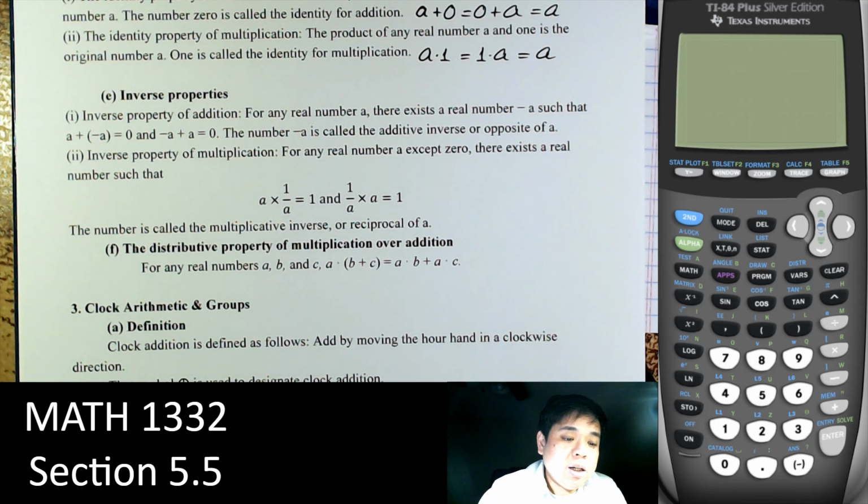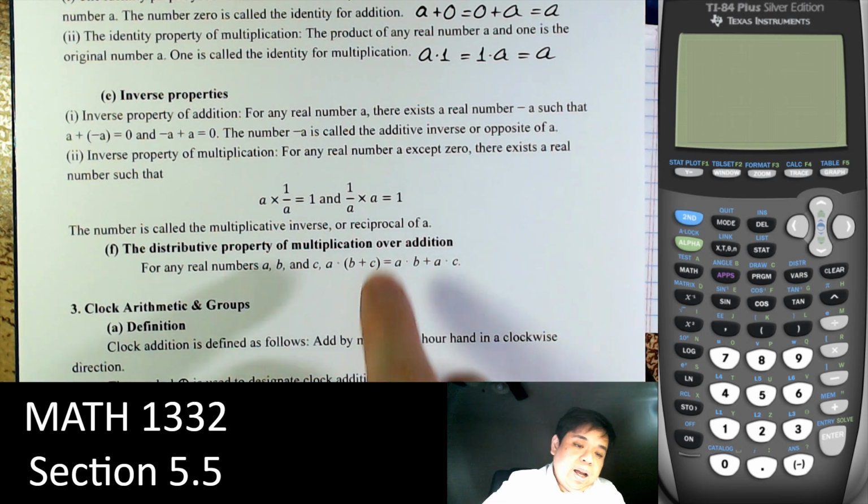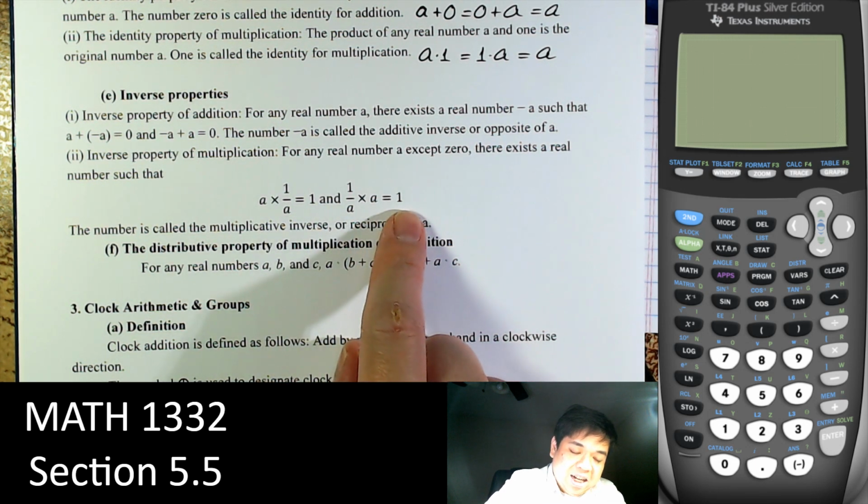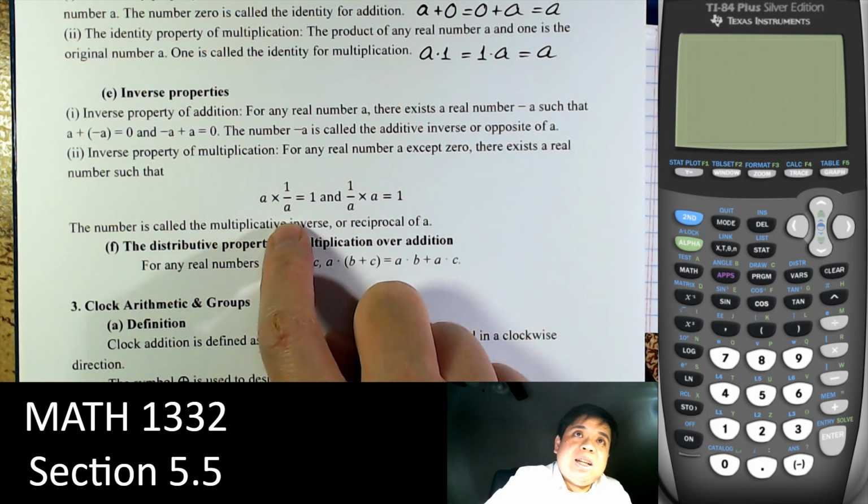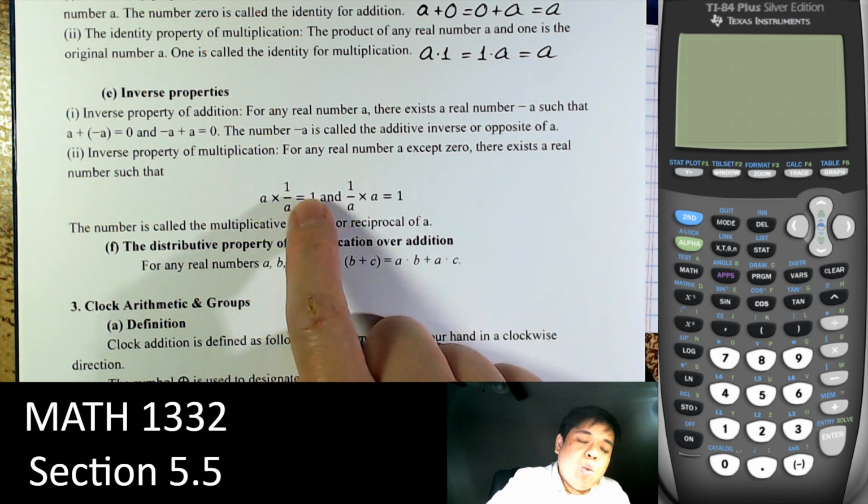Inverse properties. The inverse property is when we multiply a number or add to that number, we get the identity number. So A times 1 over A is 1. 1 is the identity.